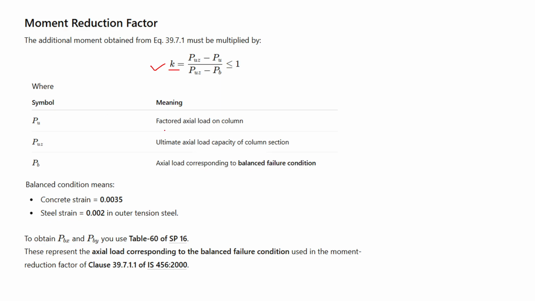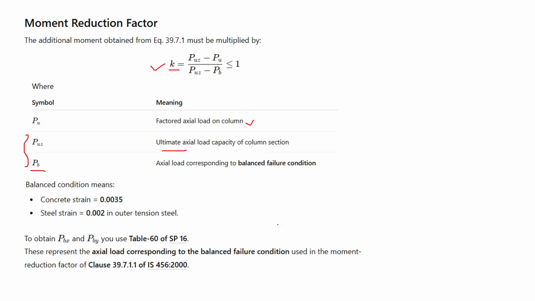What is that? PU is the factored axial load, that is 1600, already given in the question, and PUZ is the ultimate axial load capacity of the column. This formula is given in the code also. And PB is the axial load corresponding to the balanced failure condition. One by one we will learn how these two formulas are used to get the values.